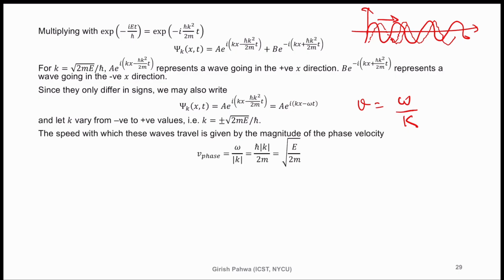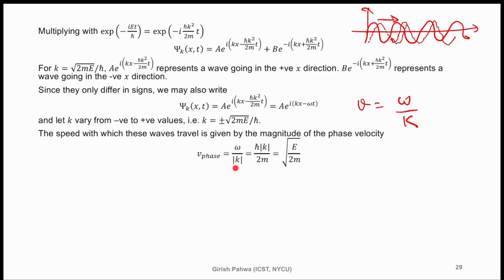Let me just focus on the magnitude of the velocity. So omega by k, mod. What is omega? Omega is h bar k square by 2m, and you have k here. So k and k will cancel, so that will be h bar k by 2m, and k and E are related, so you can put k in terms of E from here, and you get under root of E by 2m.